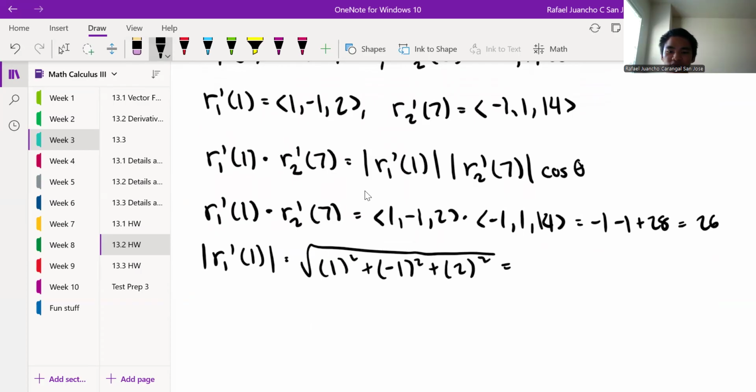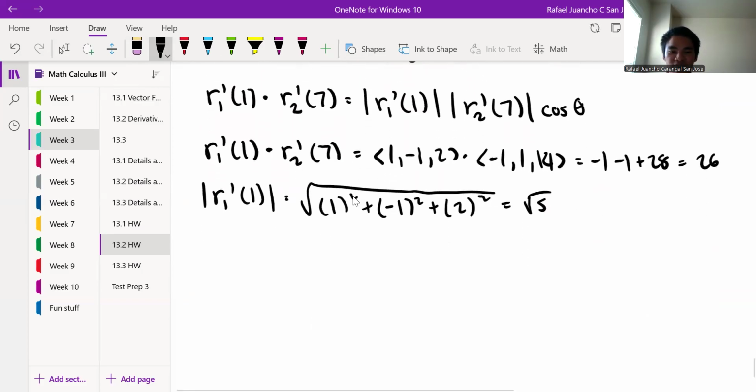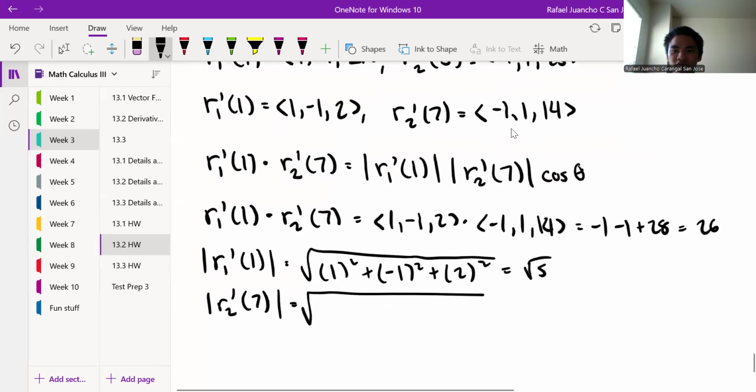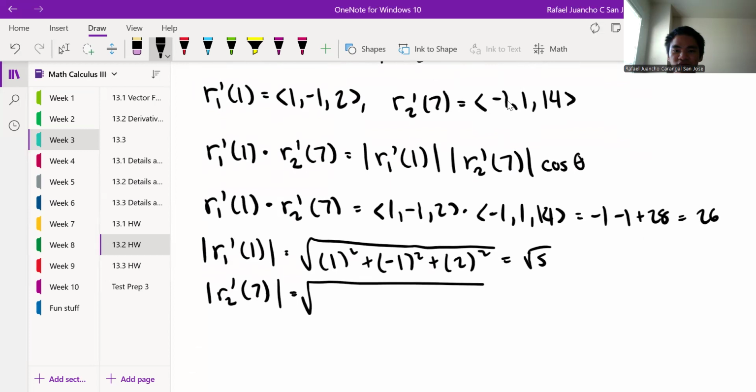Then I get 1 + 1 + 4, I get square root 5. That's the length of that vector. And we do the same thing for R2 prime at 7. This will give me negative 1, 1, and 14.